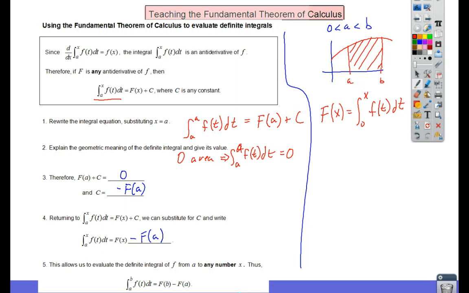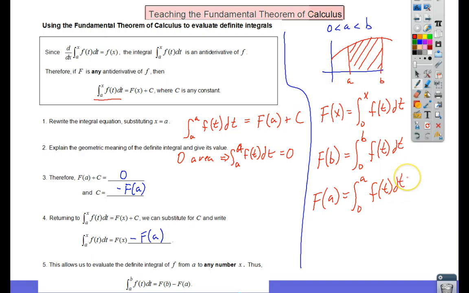Well, if I find out what F of b is, that's going to equal the integral from 0 to b of f of t dt. And I can find out what capital F of a is, equal to the integral from 0 to a of f of t dt. I do these in different colors. F of b is going to be all of this in green. And the F of a part is the area in blue.